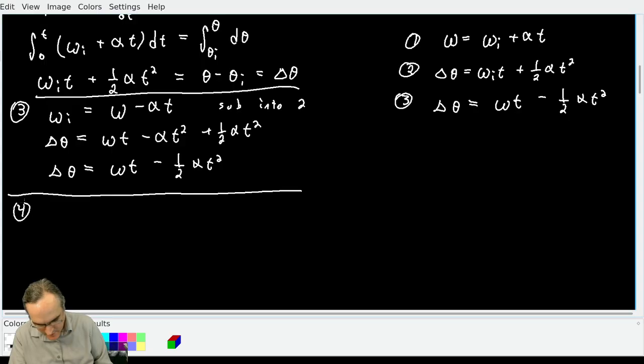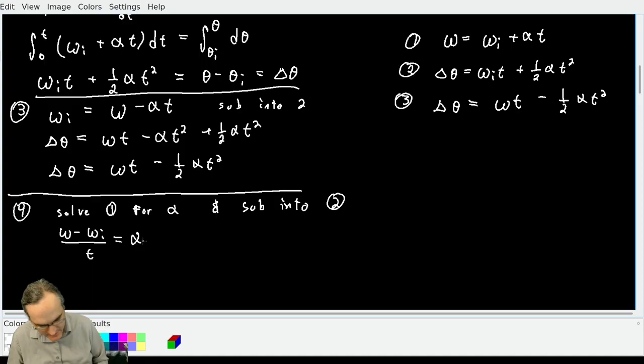Equation 4. Not too much worse than what we've just done. We're going to solve one for alpha and substitute it into 2. So if we solve that for alpha, we'll have omega minus omega initial over t gives us alpha.